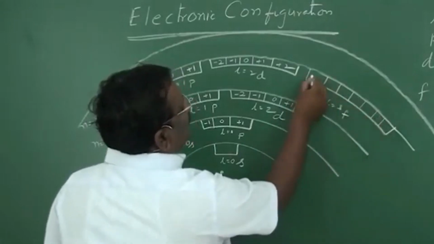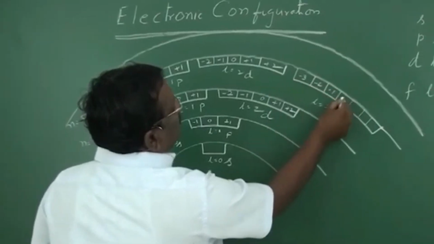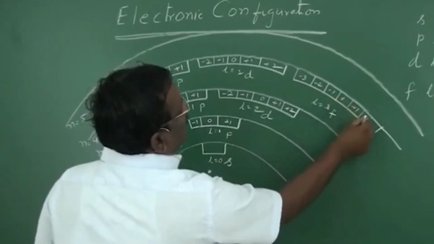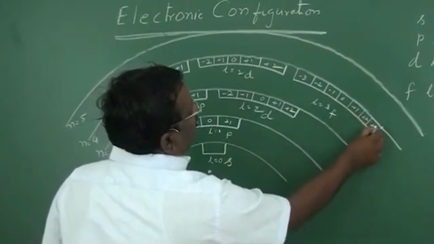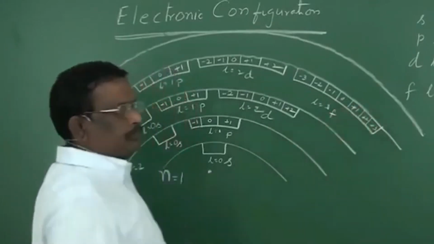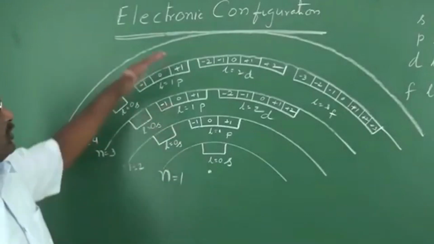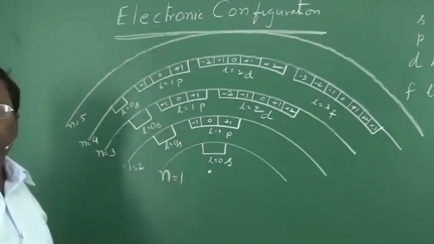And their m values are minus 3, minus 2, minus 1, 0, plus 1, plus 2, and plus 3. m values are like that. So this is the scenario.